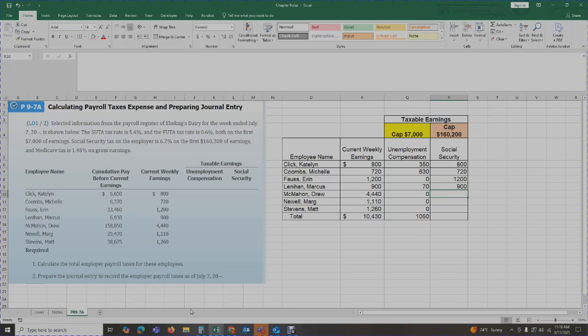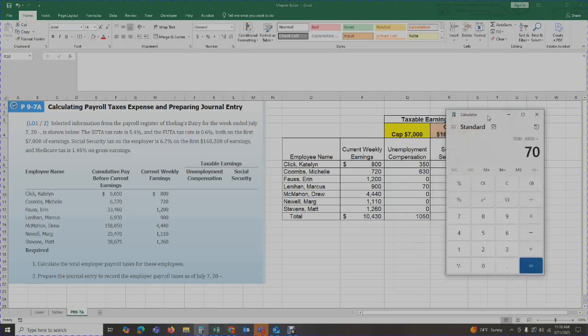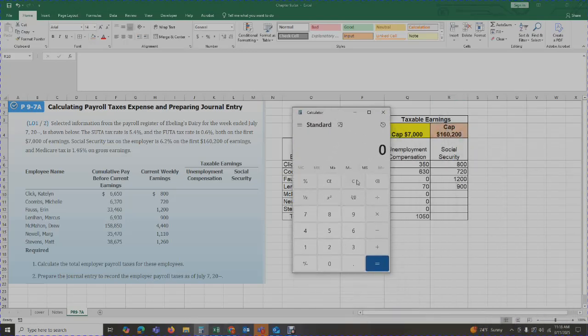Now we get to Drew. Now Drew is very close to reaching the cap. My cap is 160,200. Drew has earned 158,850 before this paycheck. So that means that from this upcoming paycheck, which Drew earned 4,440, only $1,350 are going to be taxed.